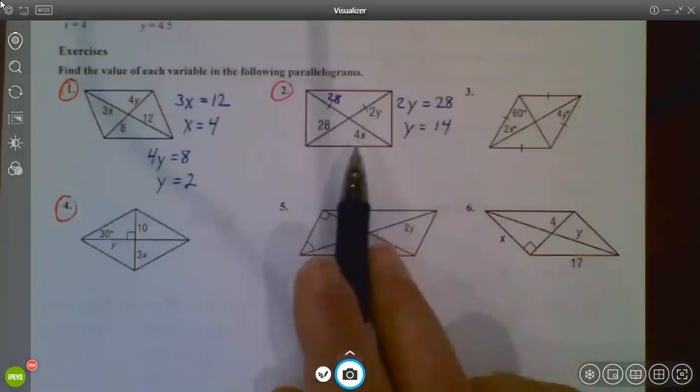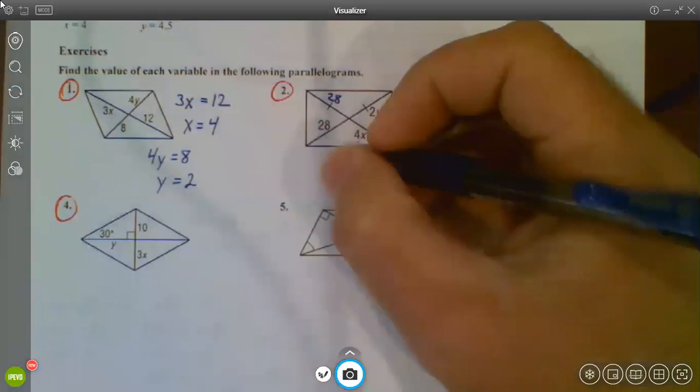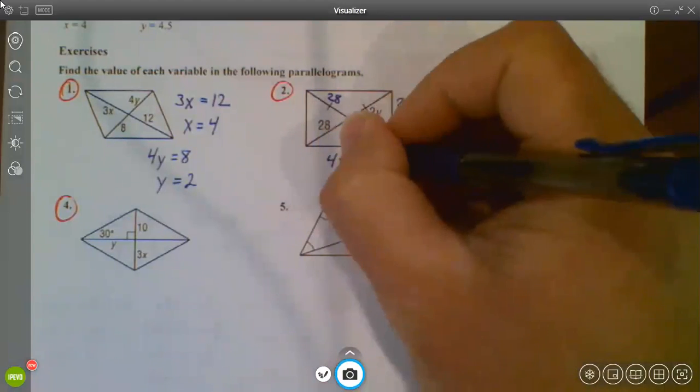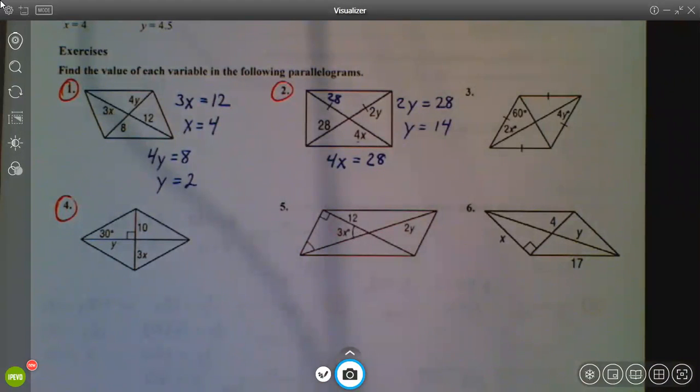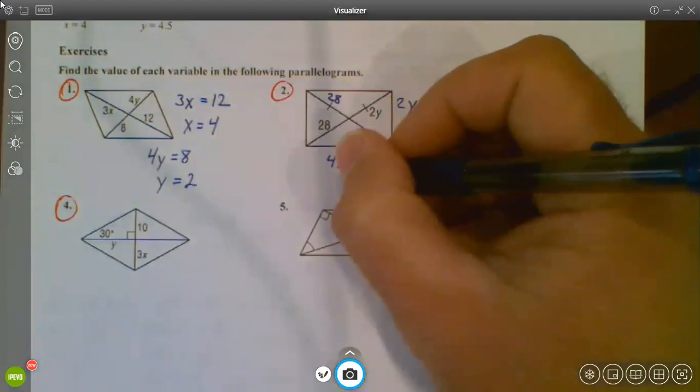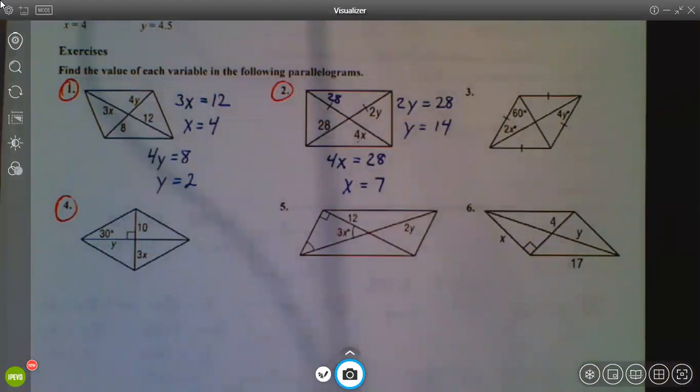Now we can look at this and say, okay, 4x equals 28. And now we have something there to solve. So we get x is 7.